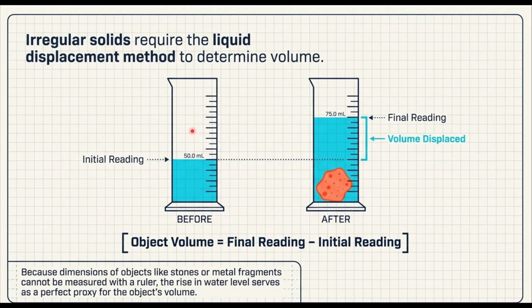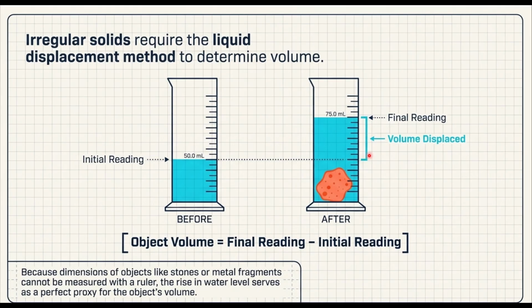Then, carefully immerse the object. You have to put the object inside the water in this measuring cylinder. Then you can see the rise in the water level, right? The volume displaced. See, this is the final reading and this was the initial one. So you have to record the final water level. Then the difference between the two readings equals the object's volume.